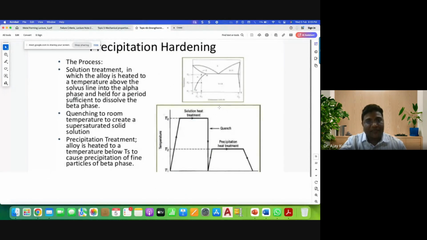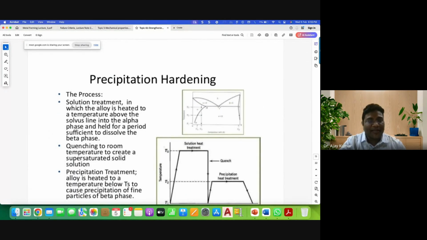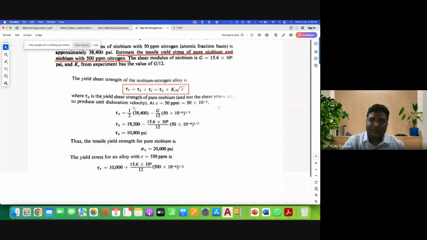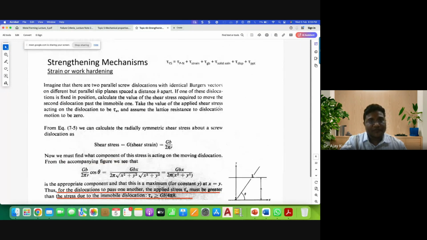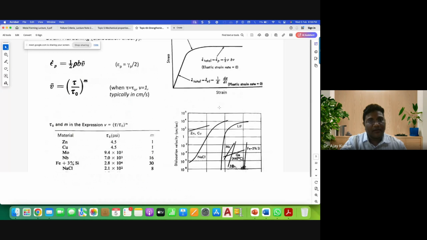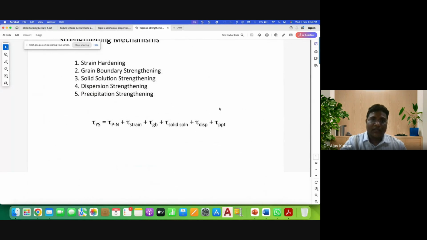Just without going into detail because it will take time, what you need to understand are the five different mechanisms in the material: strain hardening, grain boundary strengthening, and so on. For grain boundary strengthening, you will know the Hall-Petch equation.